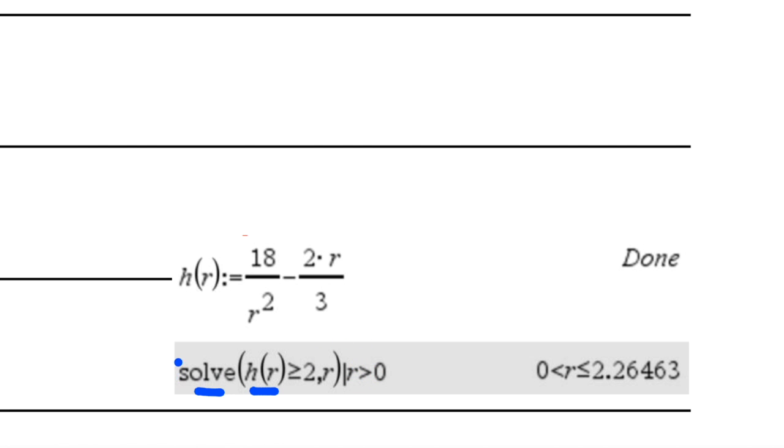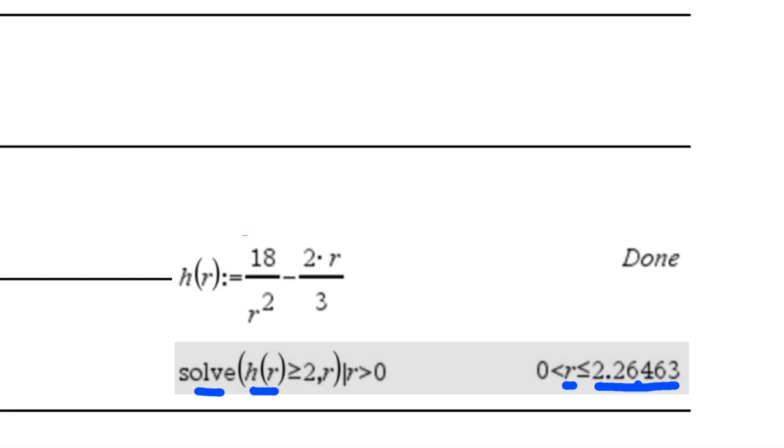Okay, so if you chuck that in your calculator, it will spit out an answer for you, and it tells you that for your yurt to be 2 meters or taller, your r values must be between 0, not including 0, and up to and including 2.26463.